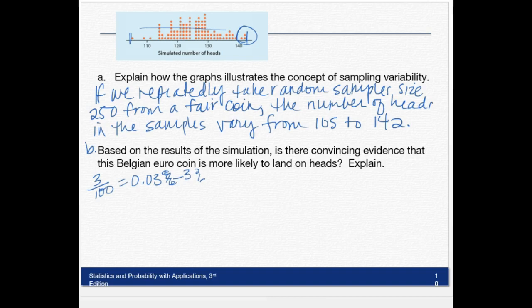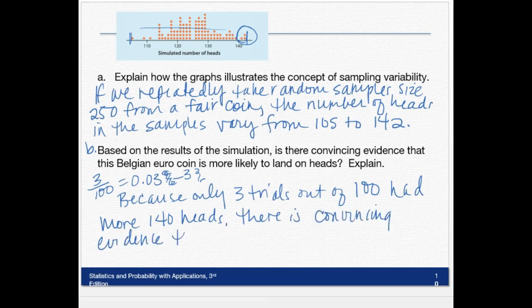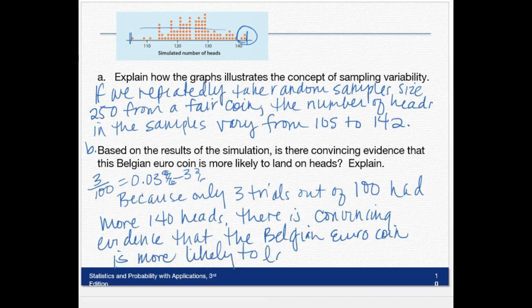So, because only 3 trials out of 100 had more than 140 heads, there is convincing evidence that the Belgian euro is more likely to land on heads. Okay? So we call that convincing evidence.